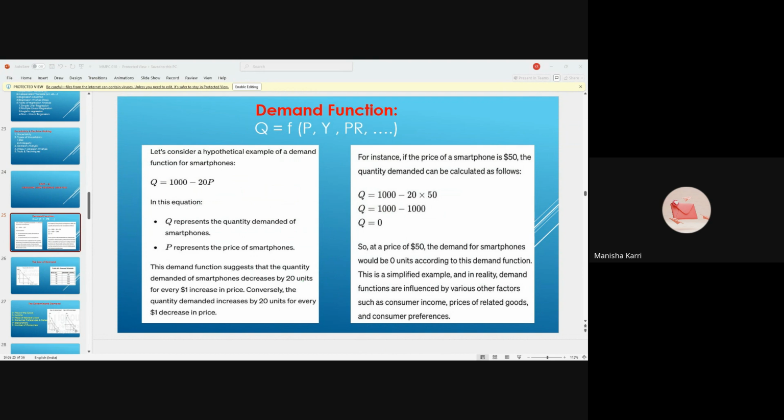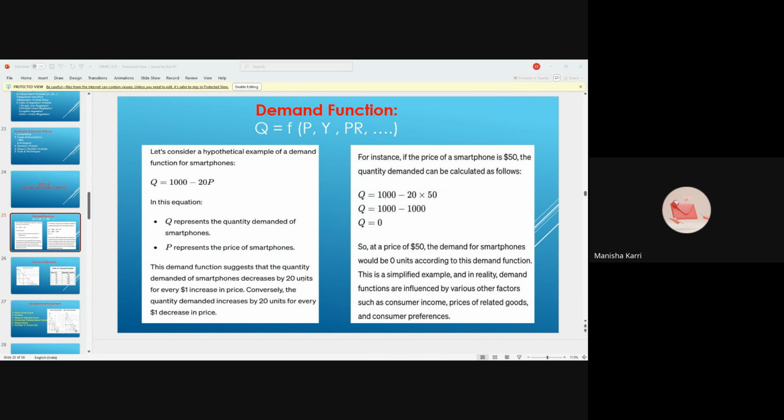Here, Q is the quantity demanded, and P is the price of the good or service. Y is the income of the consumer. PR represents the prices of related goods. Other variables may also be included depending on specific factors affecting demand.